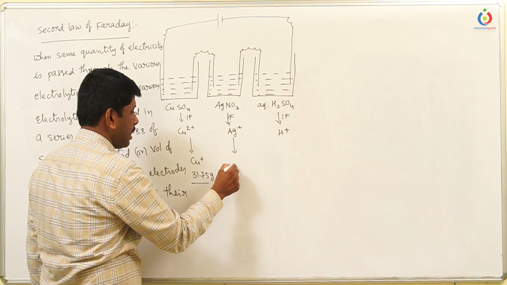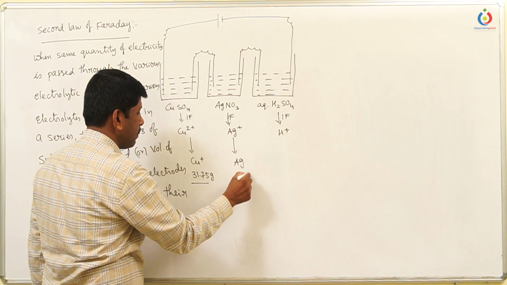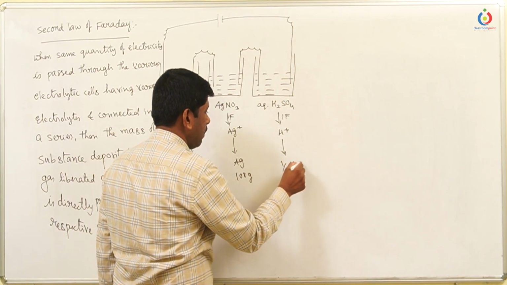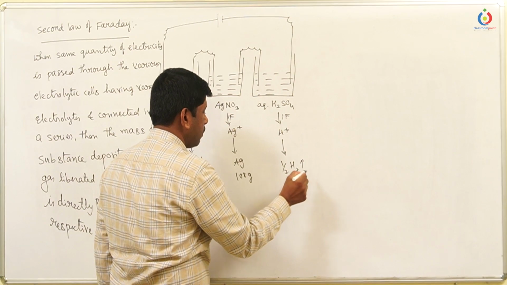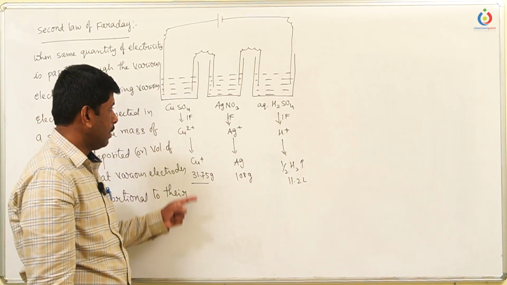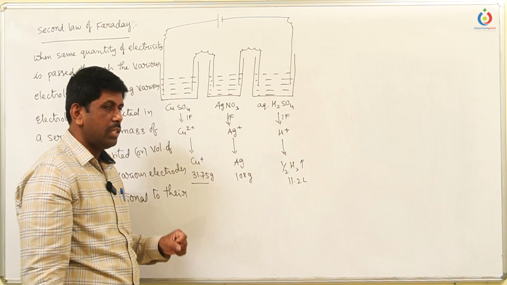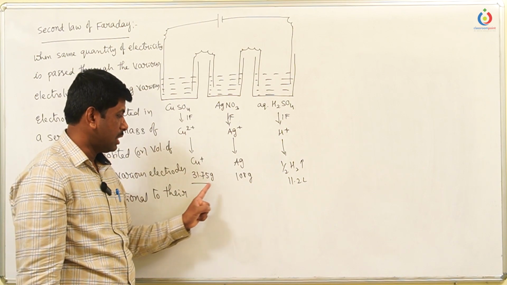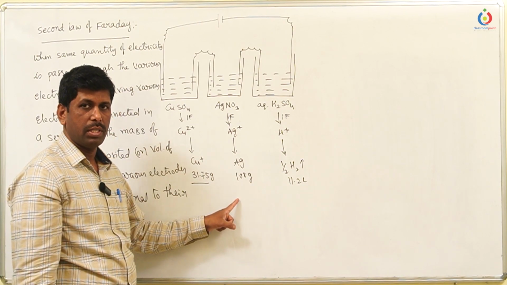But 1 Faraday of electricity deposits 108 grams of the silver, and 1 Faraday of electricity liberates 11.2 liters of the hydrogen gas, that means 1.008 grams of the hydrogen. So 1 Faraday of electricity is not depositing the same mass of the substance. It is depositing only one equivalent mass of the substance.